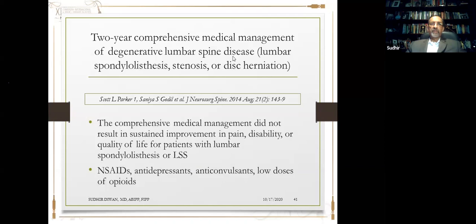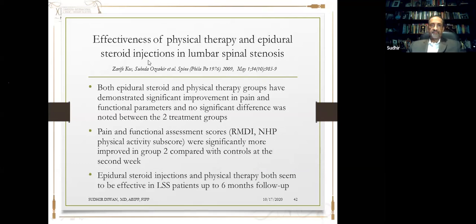This is a 2-year comprehensive medical management study, and it reports that comprehensive medical management did not result in sustained improvement in pain. And again, as we mentioned earlier, you have to understand the risk versus benefit ratio, because patients in this age group have higher chances of side effects, also due to other medications.